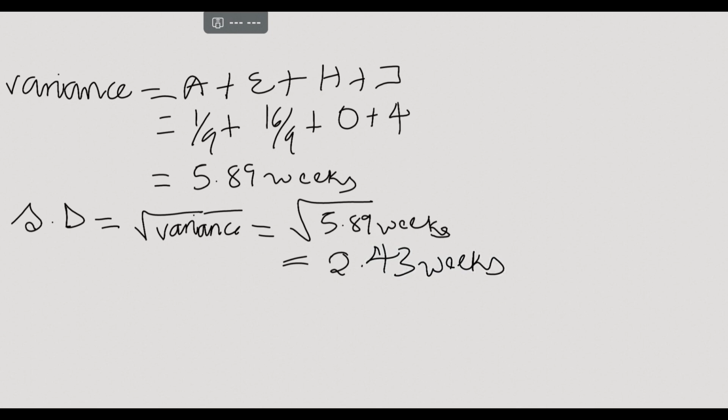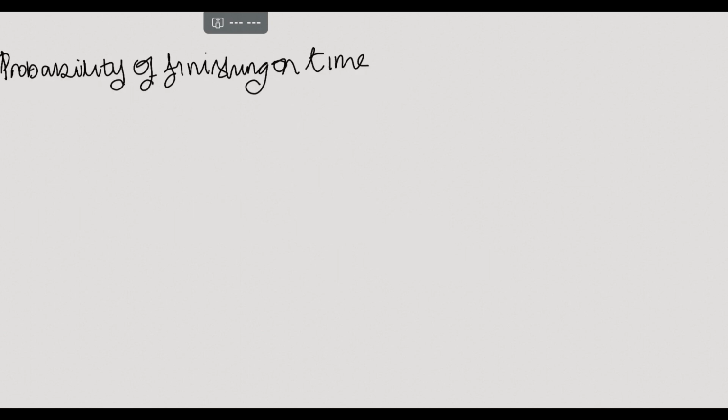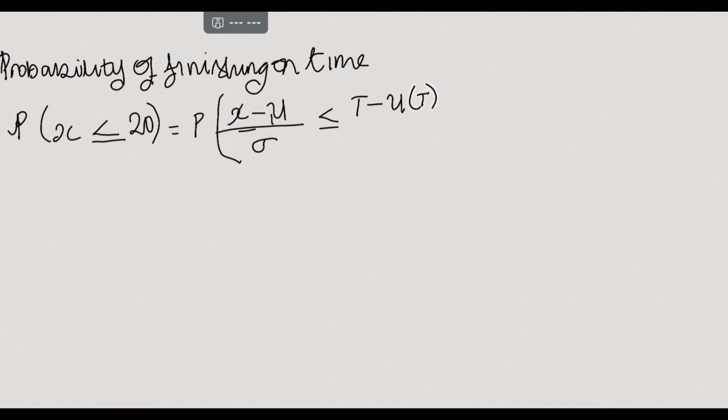Now, in the question, they asked: what's the probability of finishing on time? The probability of finishing on time will be represented as P, because the project duration in the question was 20 weeks. So the probability of finishing before 20 weeks is P of x less than or equal to 20.